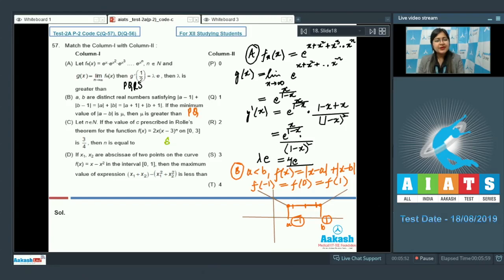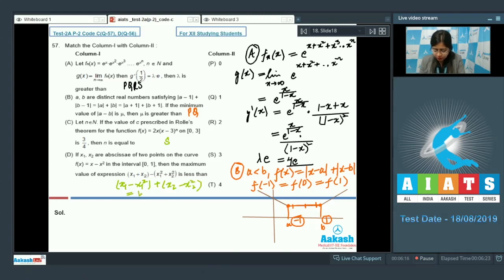Now option number D says that if x1, x2 are abscissa of 2 points on the curve f(x) equal to x minus x square in the interval 0 to 1, then the maximum value of the expression is less than something. So the expression can be written as x1 minus x1 square plus x2 minus x2 square, right?